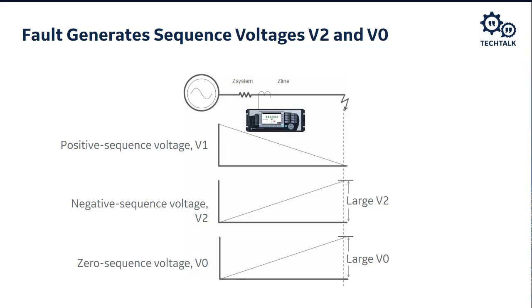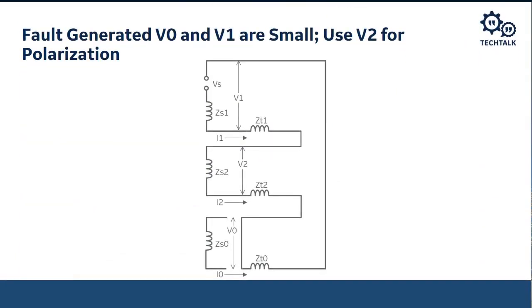And again, let's look at this to recognize why our V2 is larger as we get closer to the fault location, and our V0 is larger as we get closer to the fault location, and our V1 is largest when we're at the source.